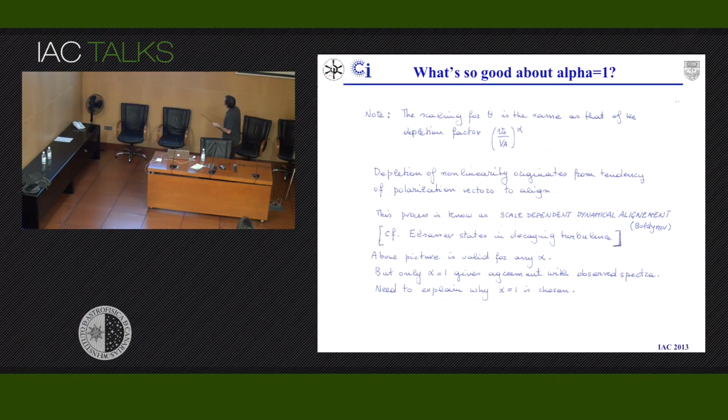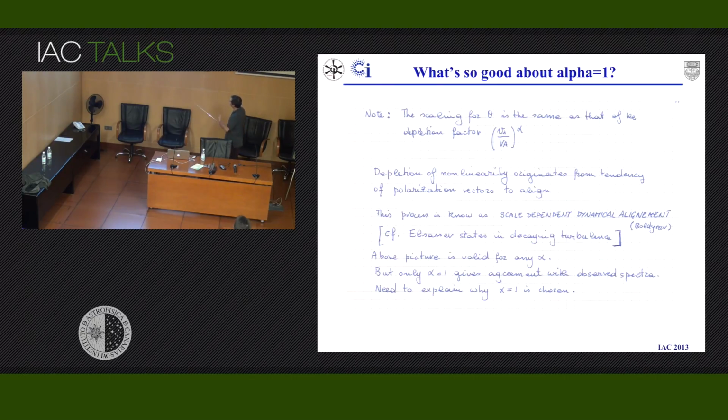Okay? But wait a second, that was exactly the rate of depletion that I needed to fix this problem. So if these things get aligned with an angle that scales like I said, then this can be the mechanism that I was looking for to deplete my nonlinearities. So I can deplete at the right rate, provided I have this alignment that has this funny scaling with alpha.